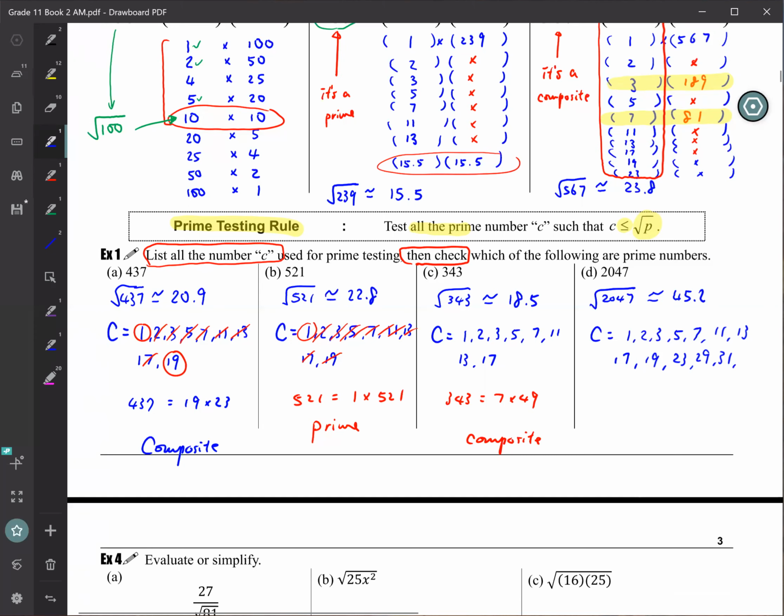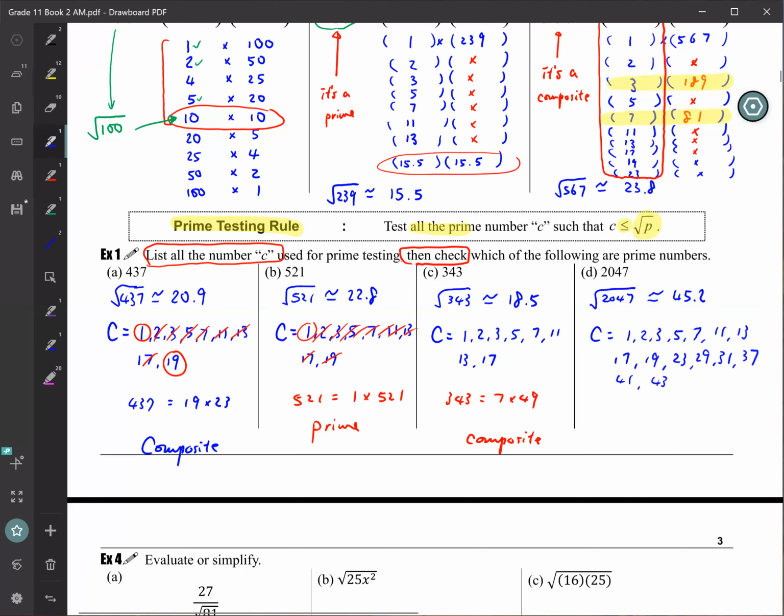Let me check my notes. There's 37, and then 41, 43, 47. We don't need to do 47, right? Oh yeah, it's only up to 45.